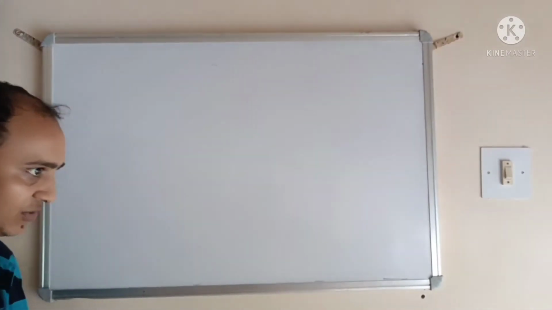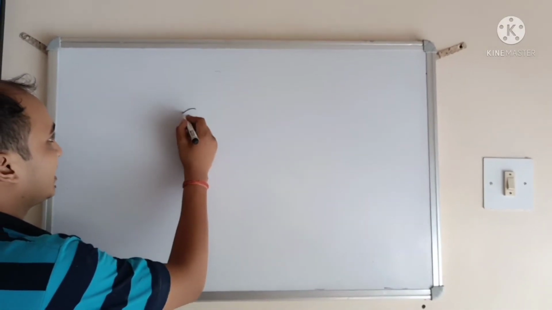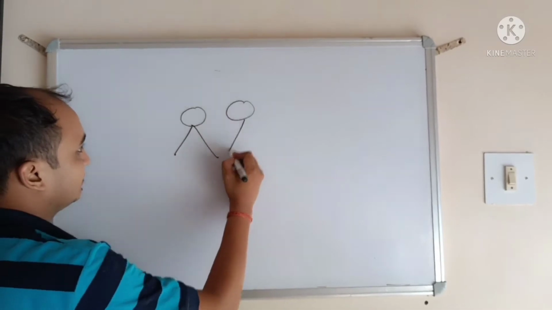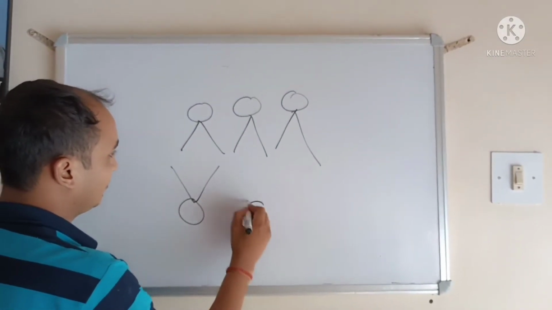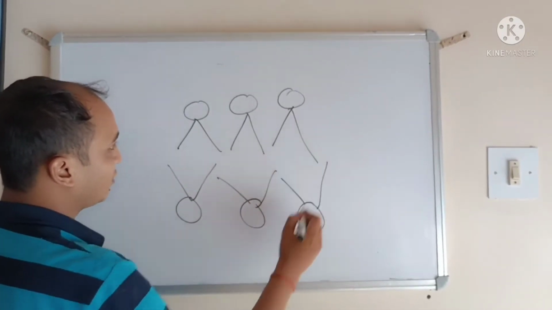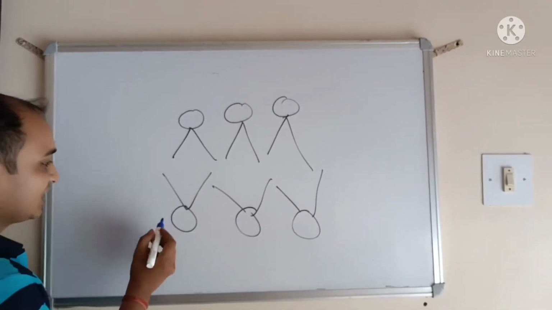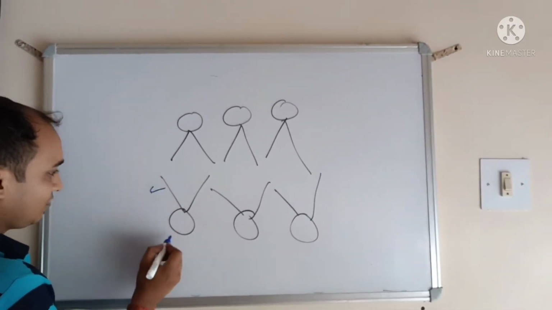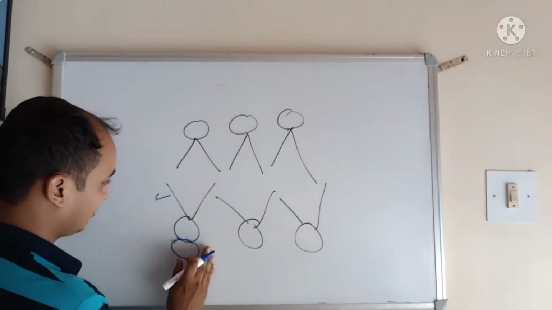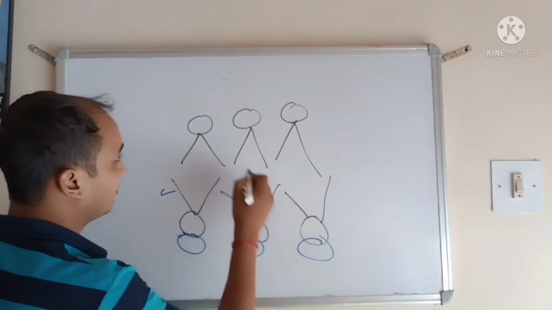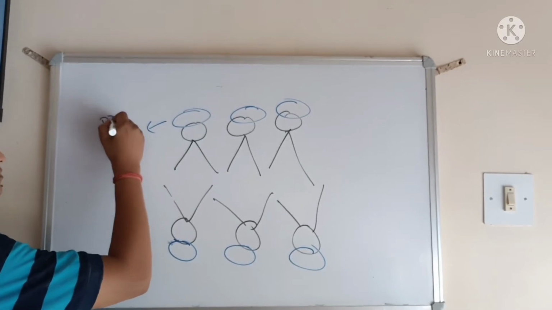If we see the structure of cell membrane in the microscope, it looks like this. This is a protein molecule.